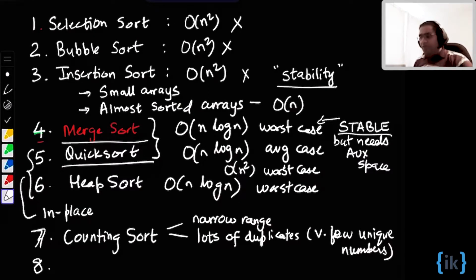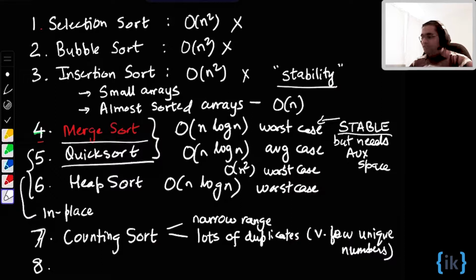So if you have lots of duplicates, very few unique numbers, you might as well just figure out what that set of unique numbers is and with what frequency they occur. Right, so that allows you to then directly do the counting and then create the final output based on them.